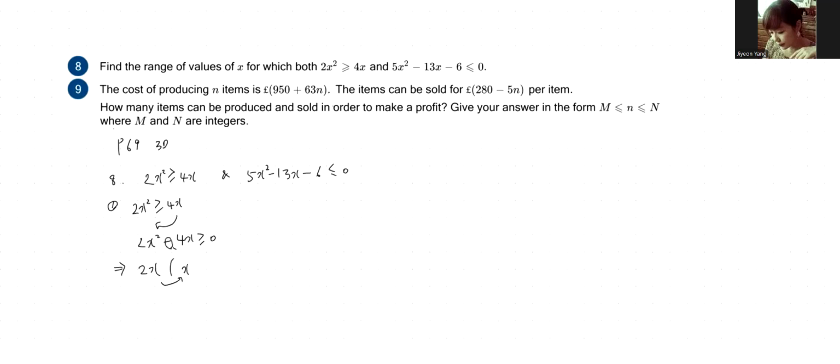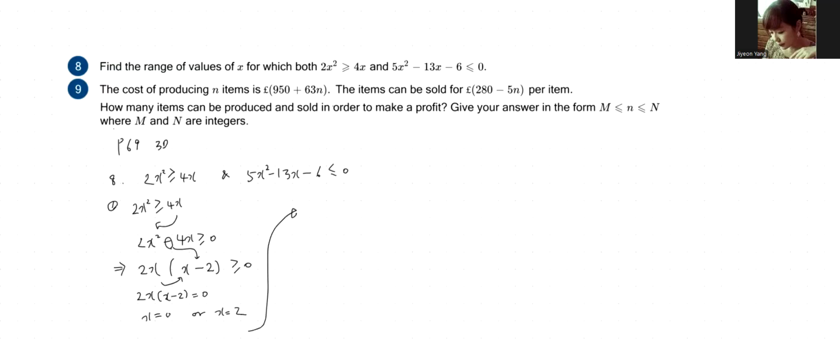To make 4x, you need 2, is greater than or equal to 0. Since the equation 2x times (x minus 2) equals 0, the roots of this equation are x equals 0 or x equals 2.